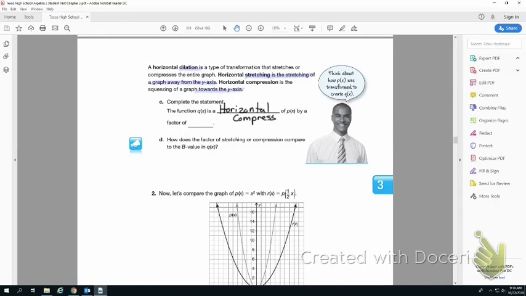Okay, this is the one where we're going to take the reciprocal of that. And that's what D talks about: how does the factor of stretching and compressing compare to the b value? The factor is the b value's reciprocal.